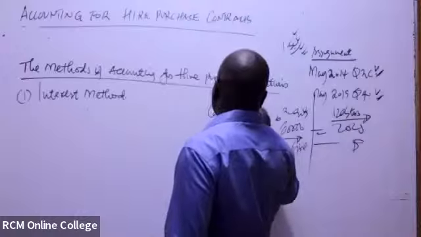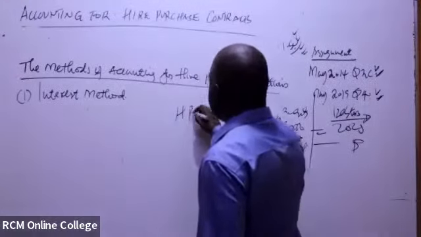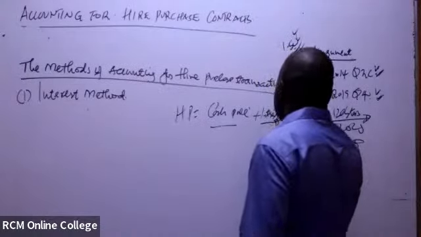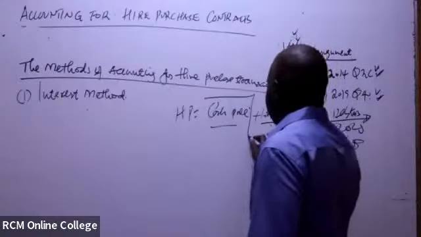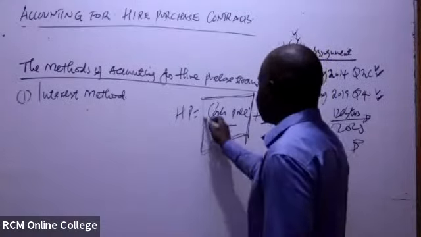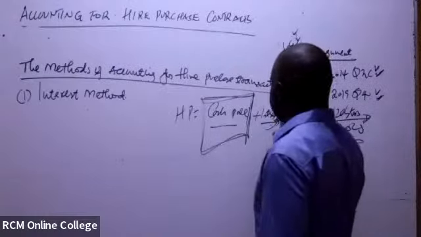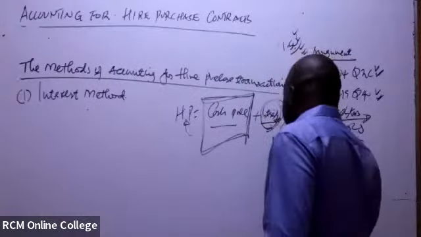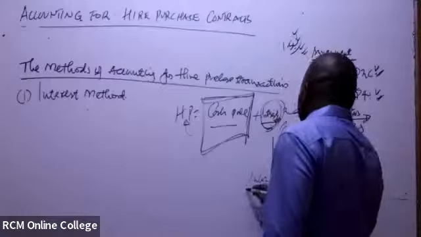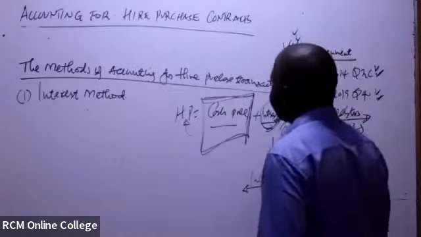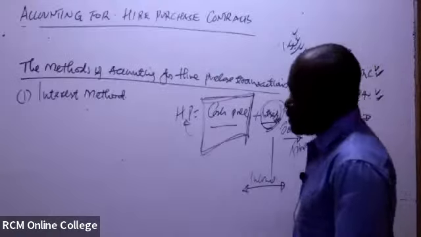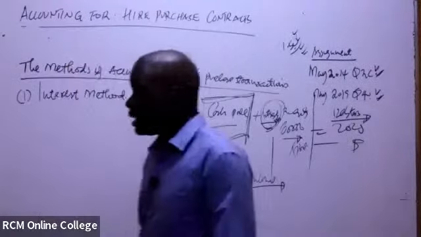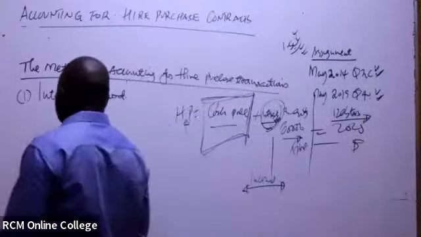Remember, I told you that hire purchase price can be equal to cash price plus interest. So the owner will recognize the sales at this price, but the interest that raises it to a higher purchase price, he will recognize separately as an income in the books of accounts. So interest is computed separately and considered as an income.